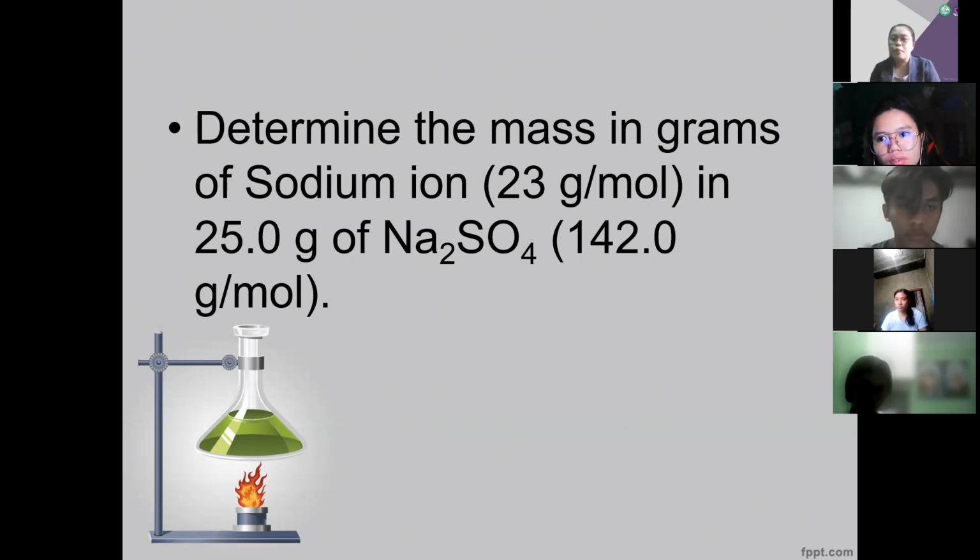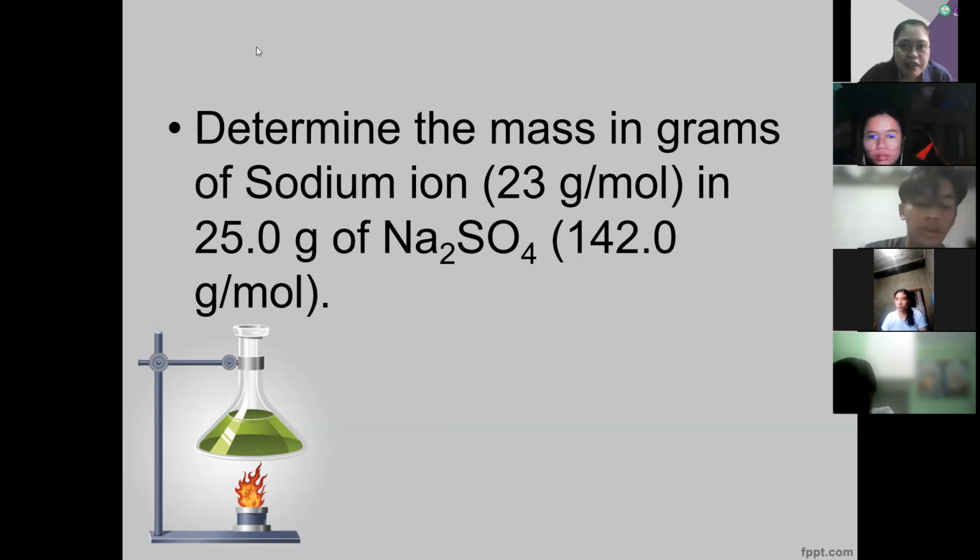So this is again another type of problem. You have there the compound sodium sulfate. Pero if intindihin natin yung problem, ano lang yung hinahanap? Mass in grams of our sodium ion. So again, intindihin natin yung problem, ha. We have here 25 grams daw of the sodium sulfate.